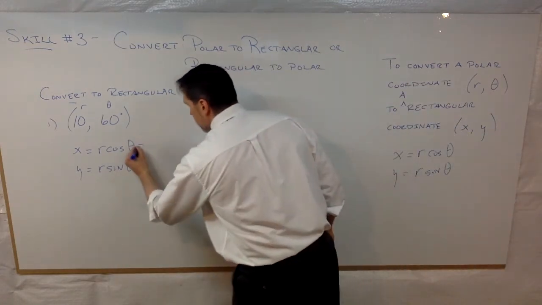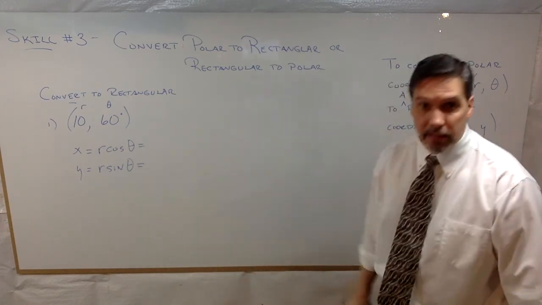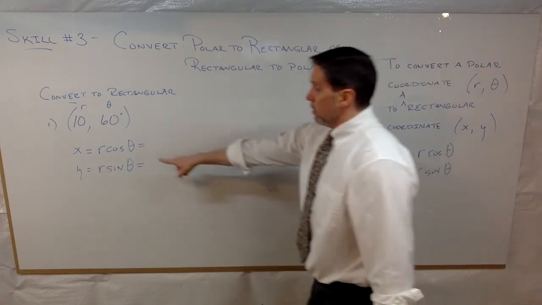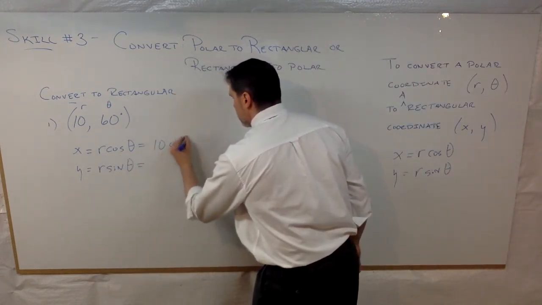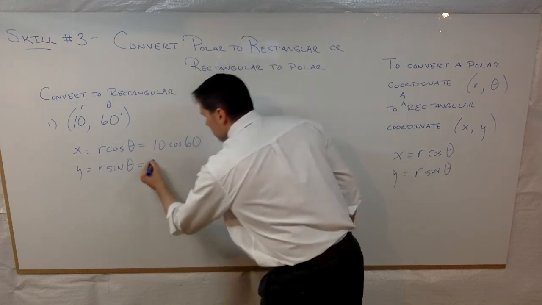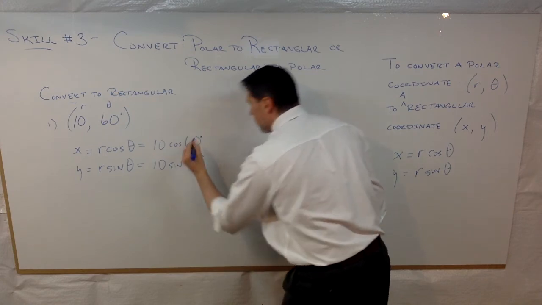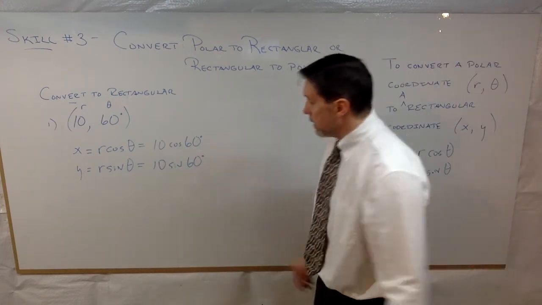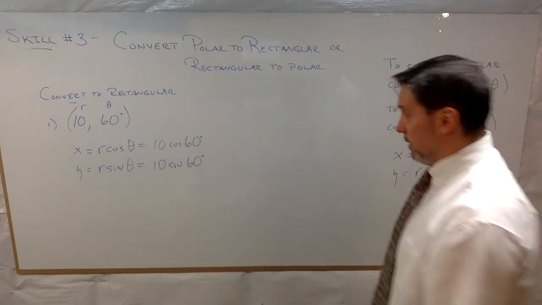Because what I'm doing is I'm just going to work horizontally with each of these, not underneath like I traditionally do. It just seems easier in the long run. Okay, so we're filling in r is 10, theta is 60 degrees, and 10 sine 60. Now this one isn't too bad. We don't have to work through reference angles. Cosine of 60, sine of 60. Hopefully these are ingrained in our head by now.